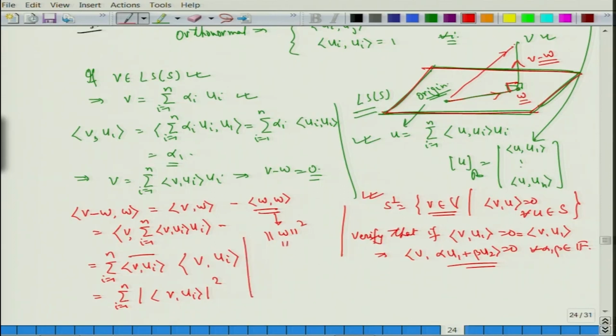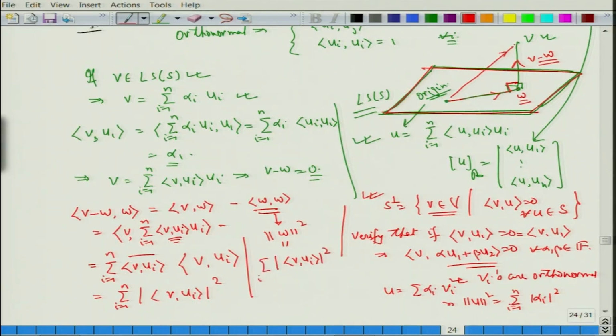Since I am looking at scalars here, if I am writing any vector U as summation alpha i Vi, and the Vi's are orthonormal, then I get that norm of U square will be equal to summation i equal to 1 to N mod of alpha i square, and here W was already consisting of these elements. So, it will be equal to the sum of absolute values of V comma Ui whole square, i equal to 1 to N, and therefore they cancel out. So, therefore, this is 0.